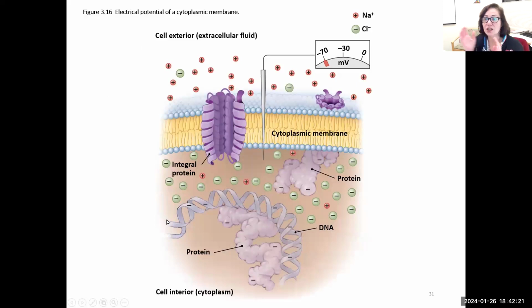Okay, let's talk about this electrical gradient. You know that in your cells, in the phospholipid bilayer, there are these sodium potassium pumps, and they're going all the time. We're using ATP to pay for them all the time to pump sodium out of the cell. It's represented here by these red circles with plus signs in them. These are sodiums.